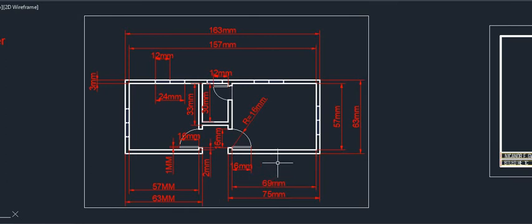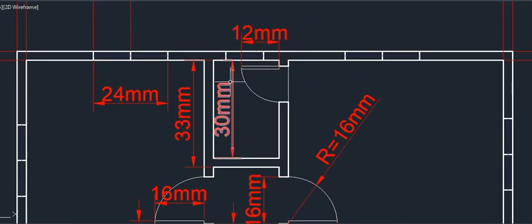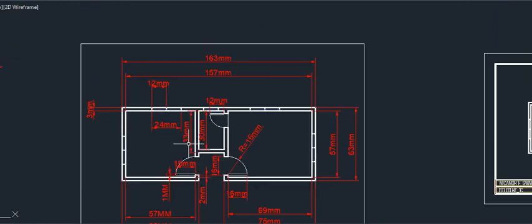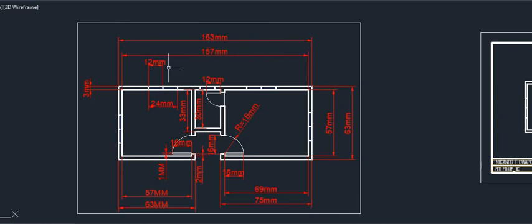Is that clear? So here the CR measures 30 millimeters inside wall, and then the outside wall, from this wall up to this line, measures 33 millimeters. So just follow this one, guys.